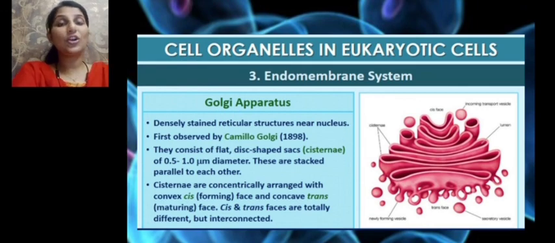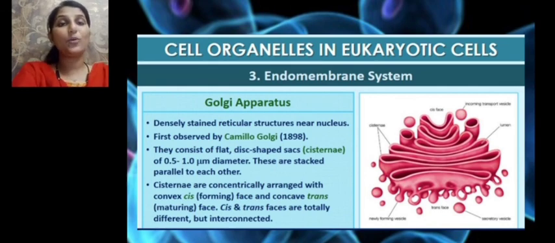The Golgi complex was first observed by Camillo Golgi in the year 1898, and hence the name Golgi complex. It is made up of flat, disc-shaped sacs called cisternae.